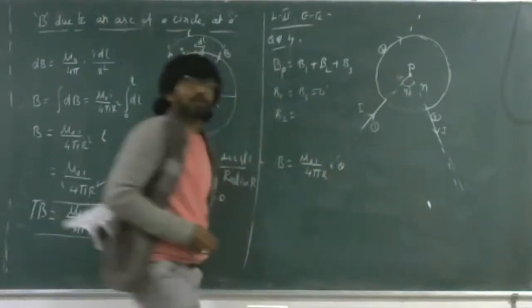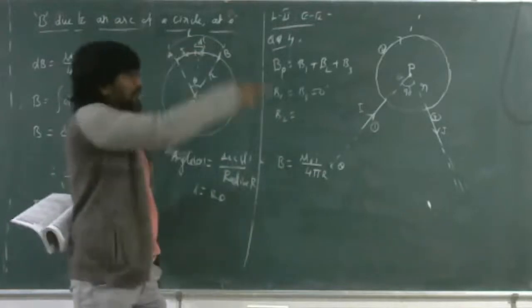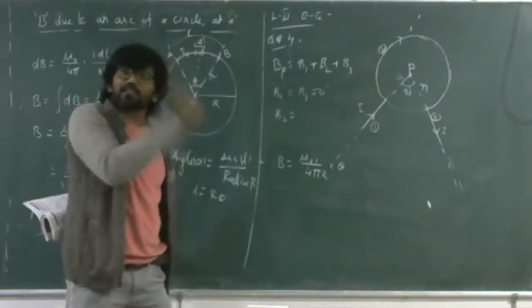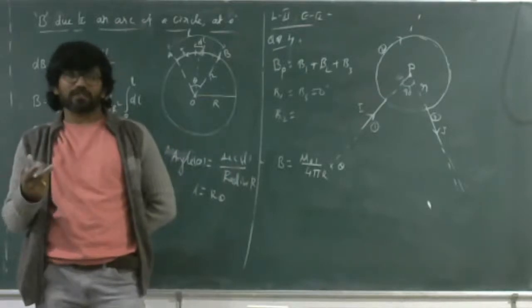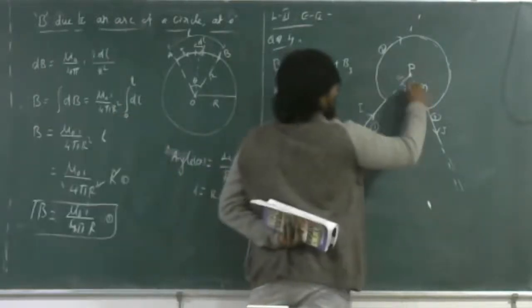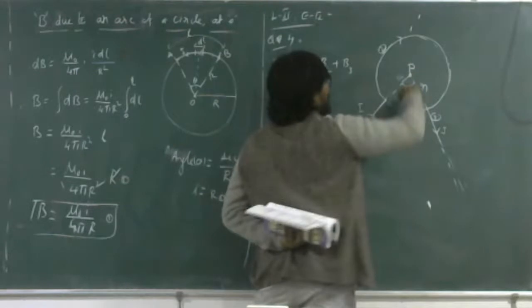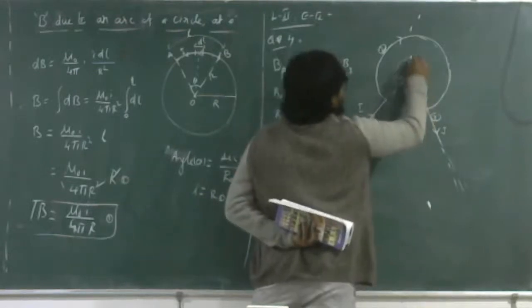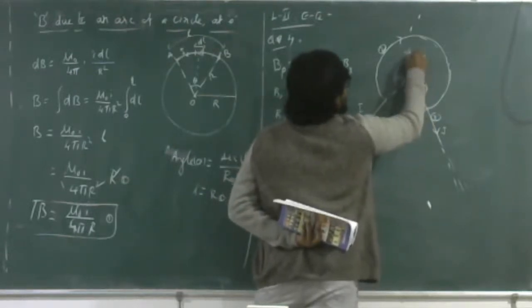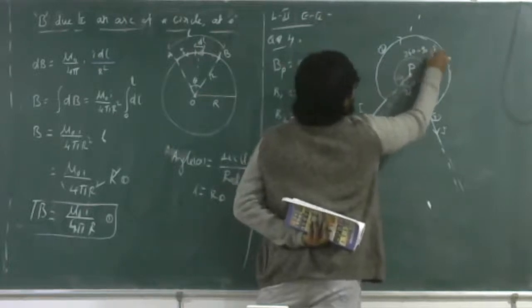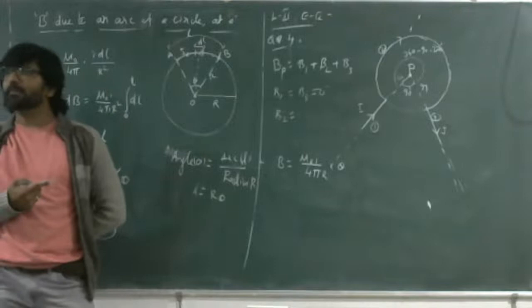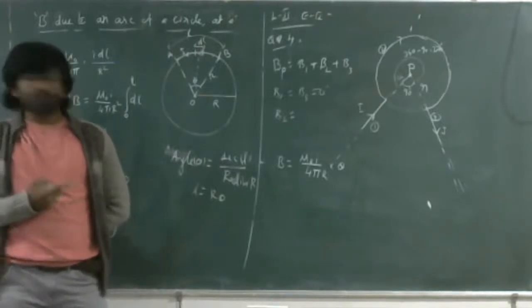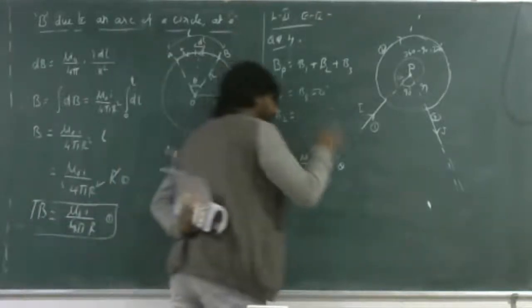The total angle subtended by the circle at the center is 2 pi radians or 360 degrees. So 360 minus 90 is the angle it subtends here. How much? 270 degrees, so it is subtending 270 degrees. Yes, now in terms of radians.